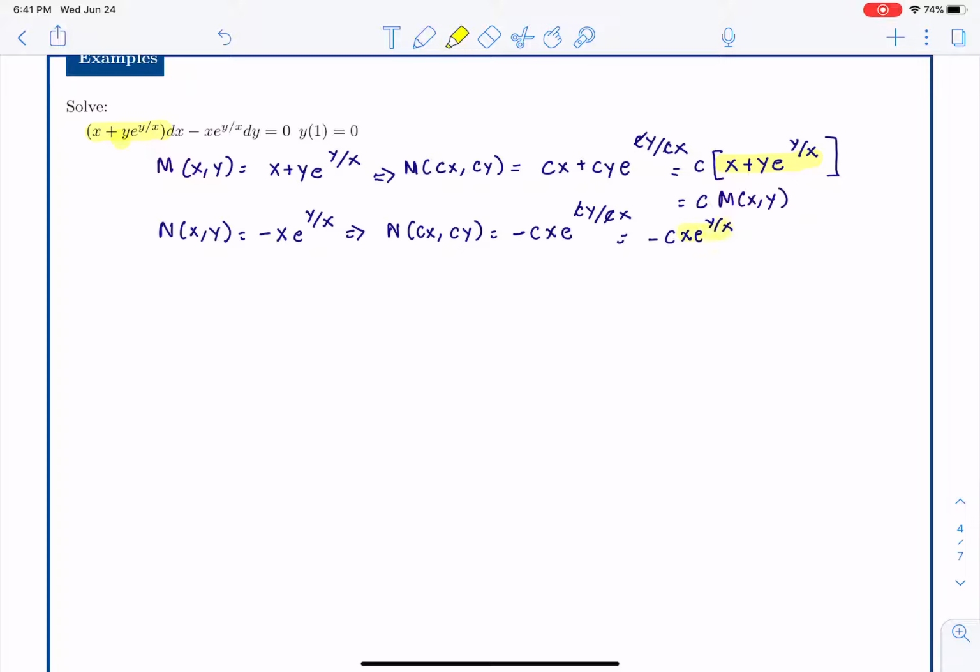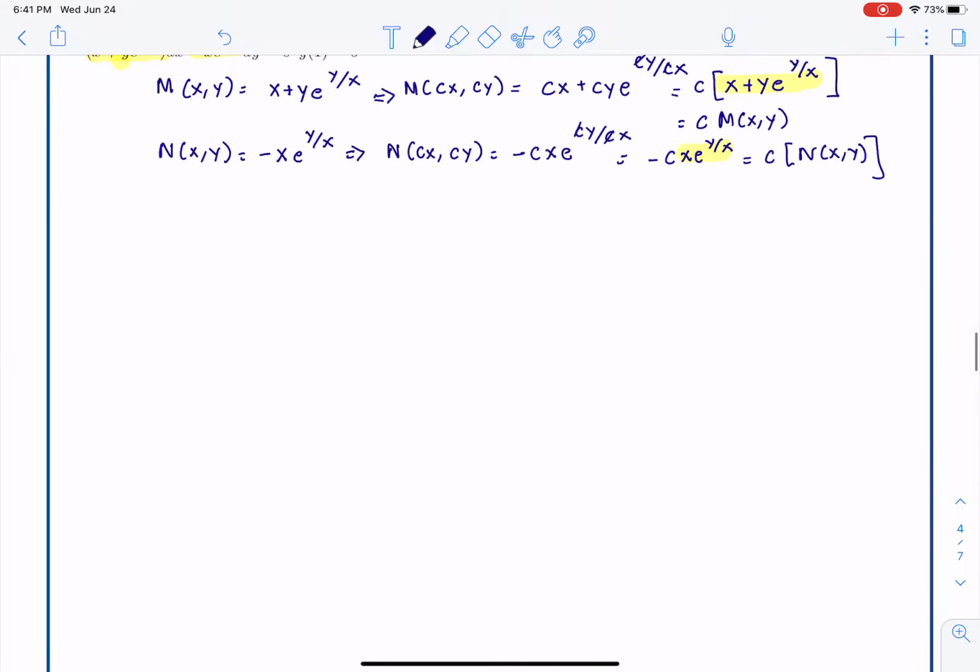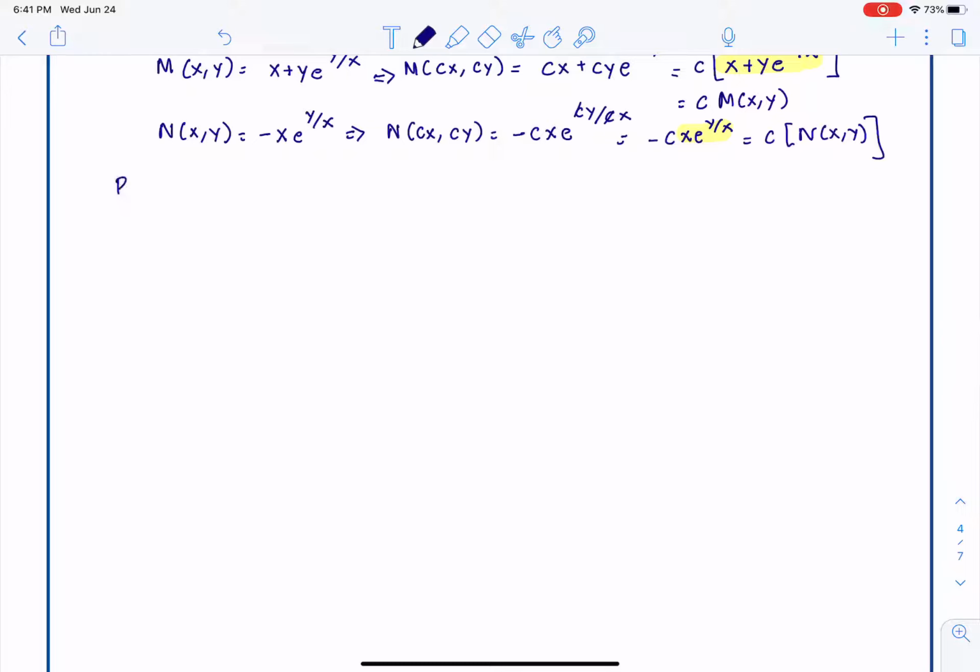But that term is the same as N over there. So we have c times N of x comma y. So N is homogeneous. So both M and N are homogeneous. So we have a homogeneous DE.